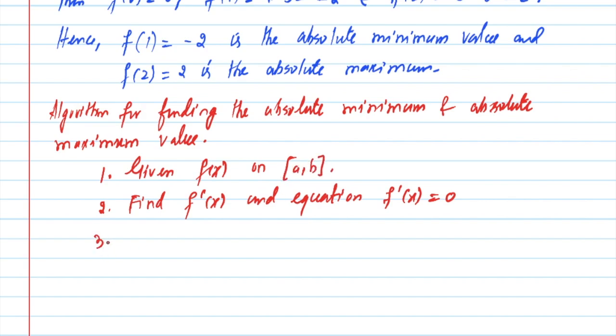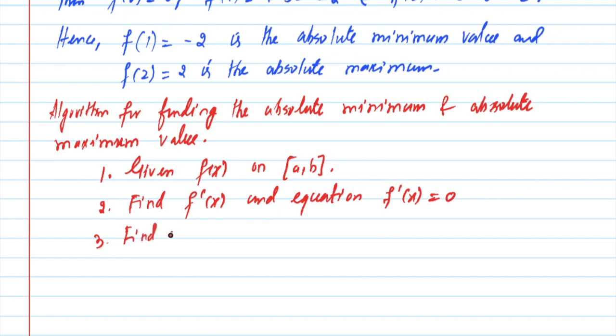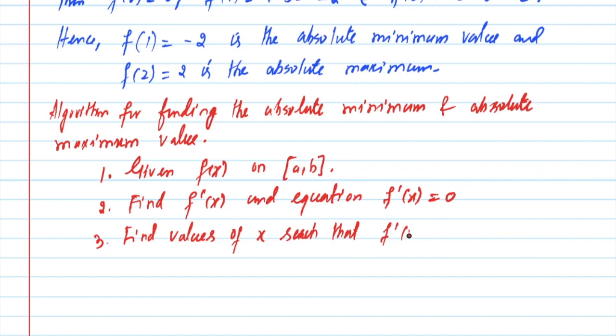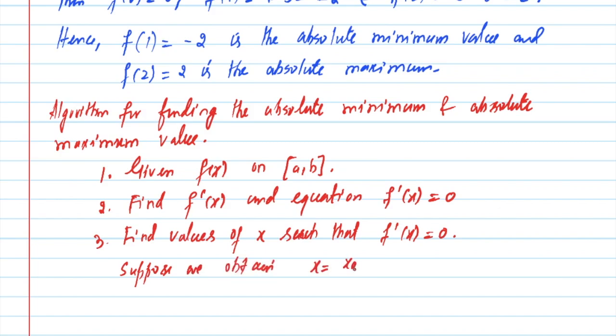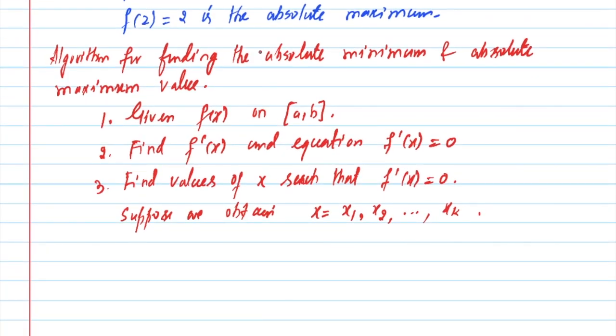Now the third step is find values of x such that f dash of x is equal to 0. Suppose we obtain x is equal to, suppose, x1, x2, and so on, xk. Now these points are known as critical points.